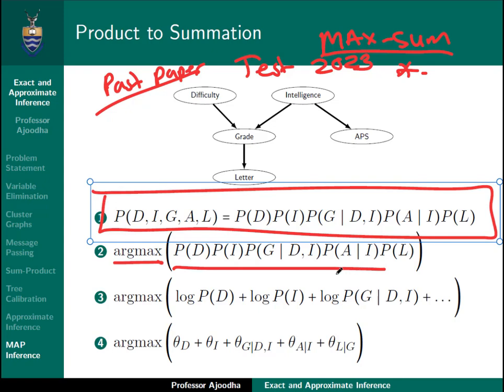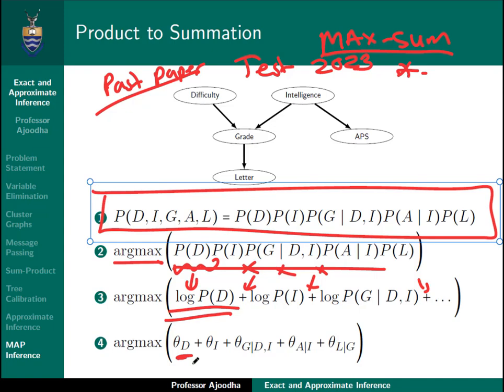We can represent each of these factors as the log probability, and if we do that, then the multiplication between these factors becomes a summation. That's just the rules of logs. These are all still factors, but now represented as log parameters, and it makes things a lot easier.